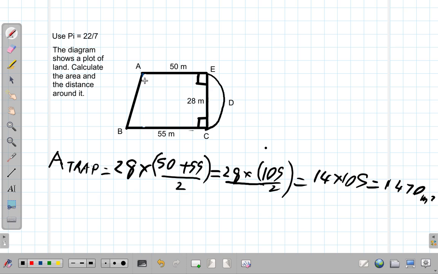Now, as for the semicircle, what you have, if you had a whole circle and from here to here is 28, halfway from the center up would be half of 28, which is 14, right?